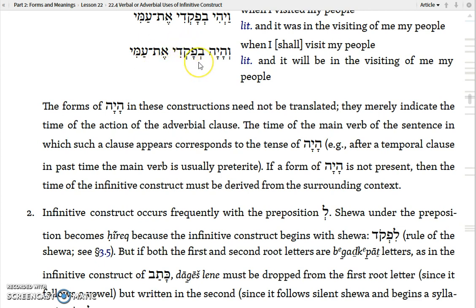So then if you said, when I visited my people, they were chastened, or, as a future in this particular clause, when I visit my people, they will be chastened, you will just translate it that way, and you will not translate the vav.